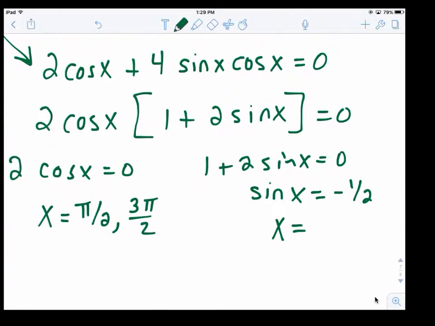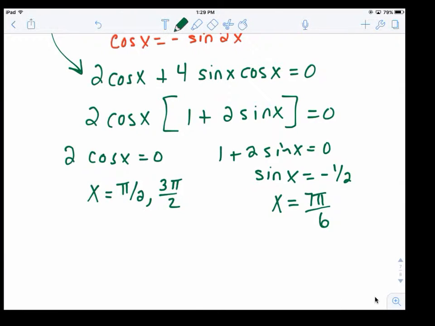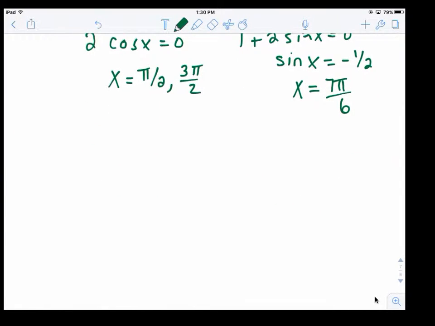All right, where is sine of x equal to negative 1/2? Do the backwards squiggle. 7 pi over 6. Okay, so I'm going to have to test 0, pi over 2, 3 pi over 2, and 7 pi over 6.